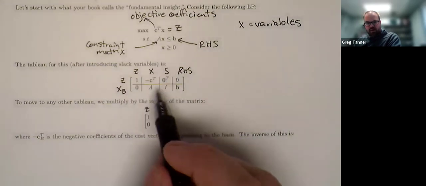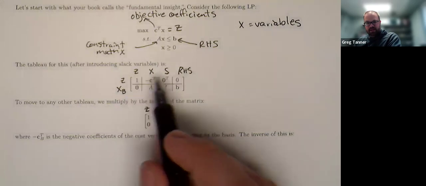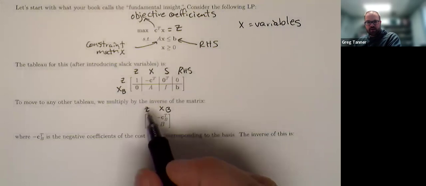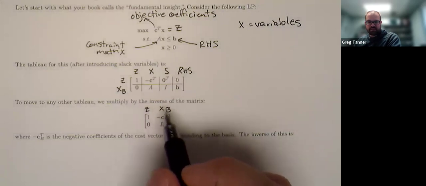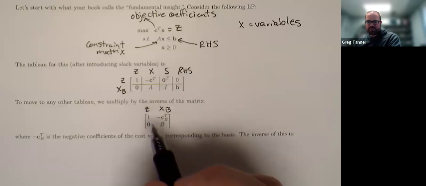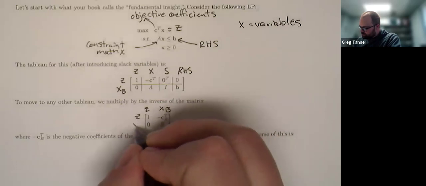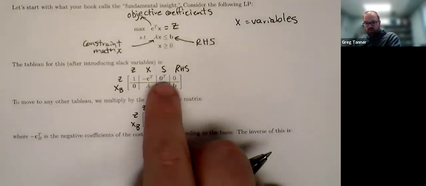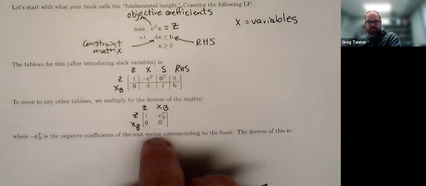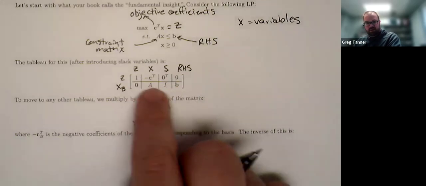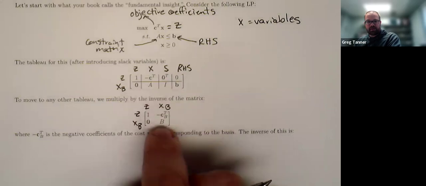If you were to take those columns out of this tableau up here and collect them all together into a matrix, this will have m plus 1 columns and m plus 1 rows, because there's m basic variables, one for each constraint, and Z is the bonus basic variable that's always there. Okay, so we take the columns of the basis and collect them here. We've called B our basis matrix. These are the columns of A and potentially of I that show up in the basis.